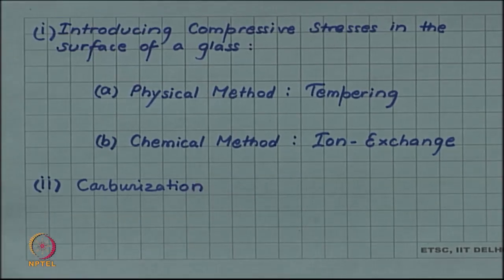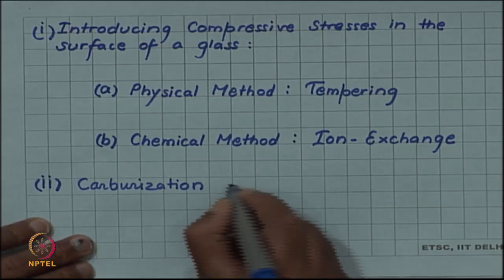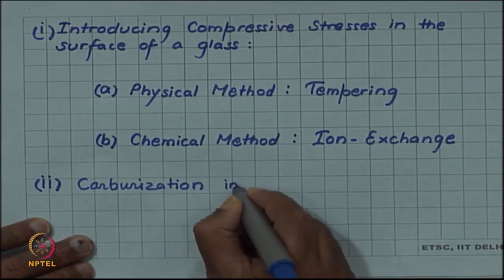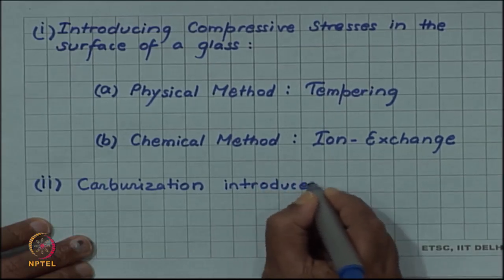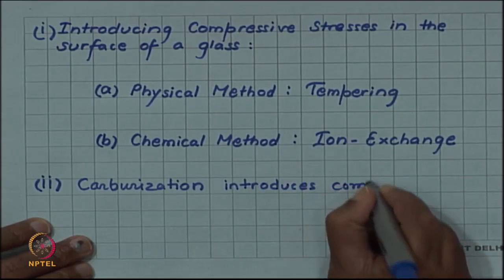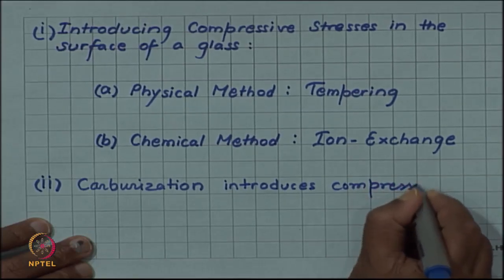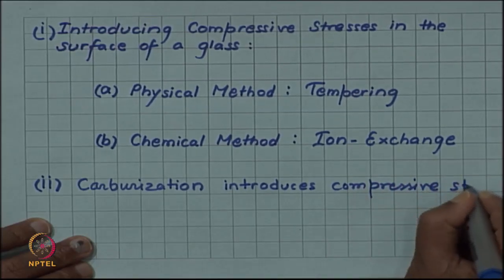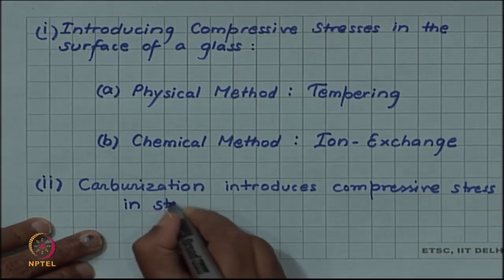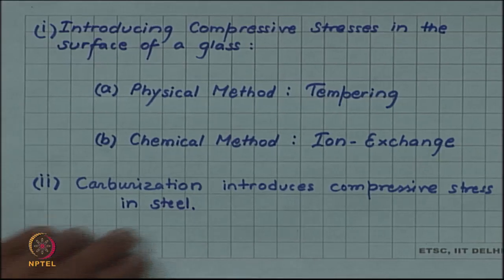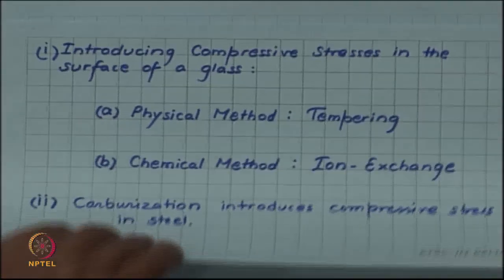If carbon is introduced into the surface, not only does it enhance the carbon concentration and hence the hardness of the surface, it also introduces surface compressive stress, and thus enhances the fracture resistance of the material.